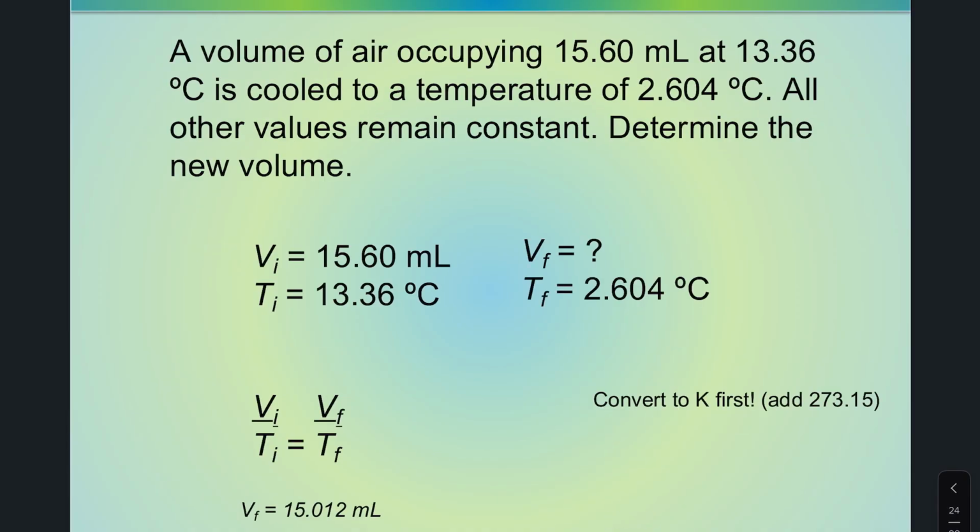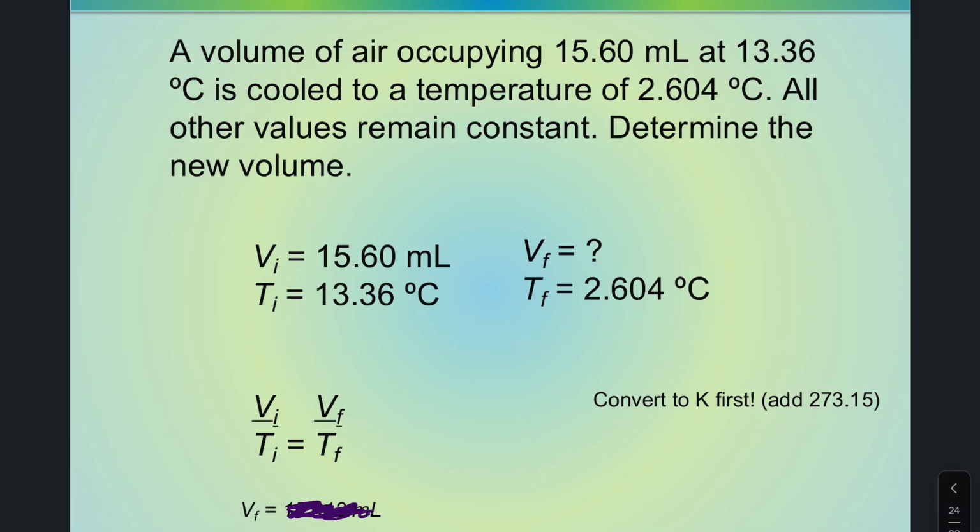For this problem, I use very similar numbers to before. We have a volume of air occupying 15.6 milliliters at 13.36 degrees Celsius, and then we cool it to 2.604 degrees Celsius. All the other values remain constant.